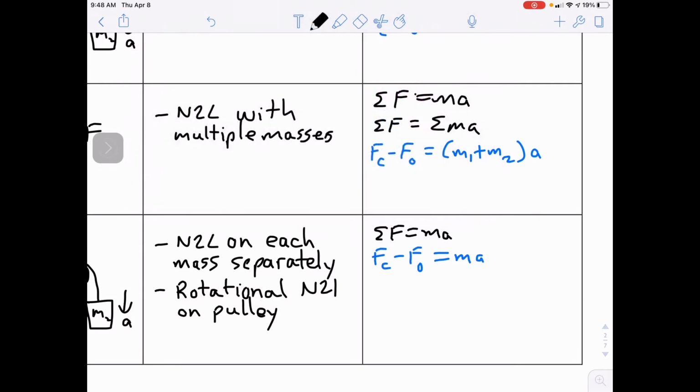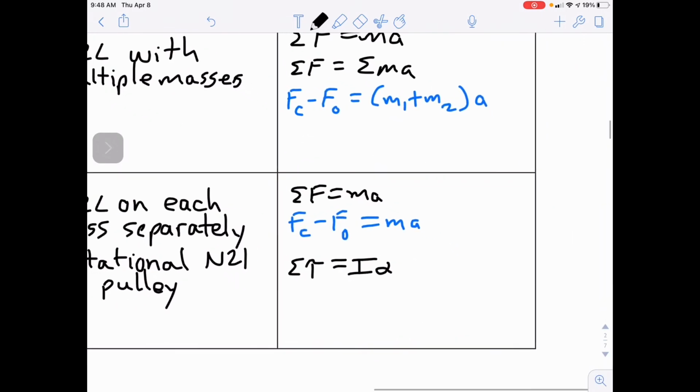But you also need, for the pulley, net torque equals I alpha. Okay, so in addition to that, you need to know the torque equation is a perpendicular force times distance, and you need to be able to substitute for alpha by knowing that the tangential acceleration is equal to r times alpha.